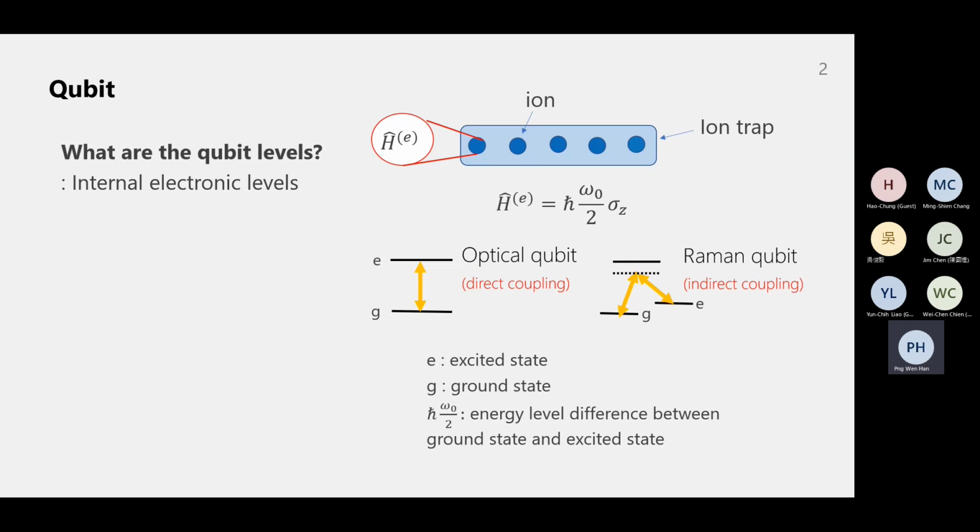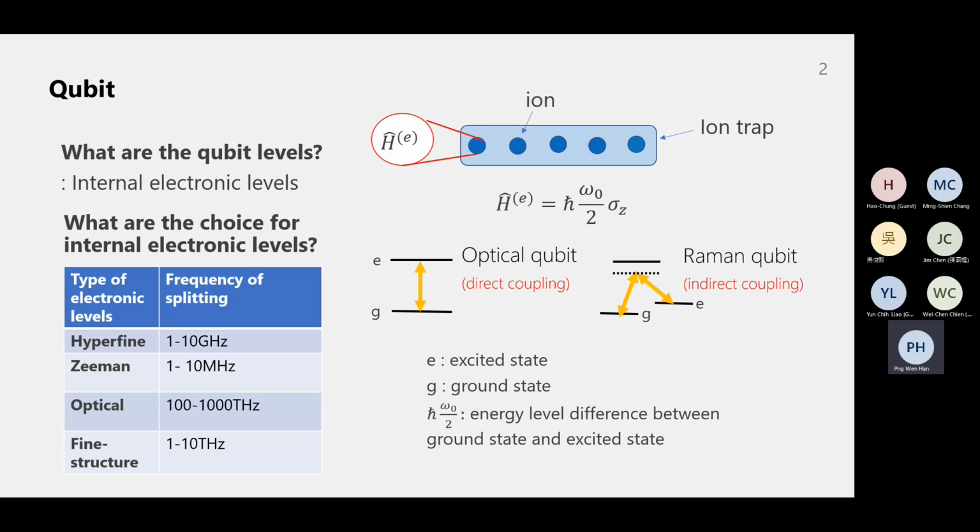So what are the choices of these internal electronic levels? There are plenty we can choose from, such as hyperfine, Zeeman, optical and fine structures. We also name the qubit by its type of electronic levels, like hyperfine qubits or Zeeman qubits. The most common ones, I think, are the hyperfine qubits and the optical qubits.